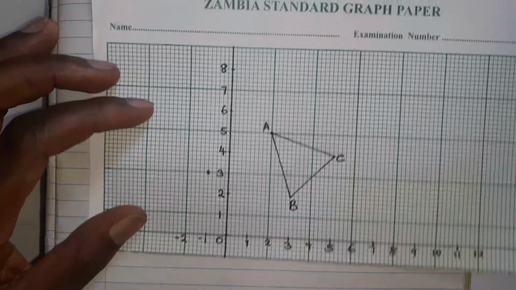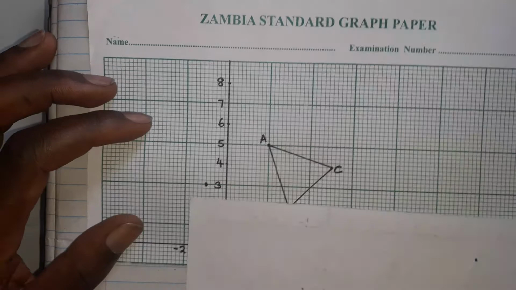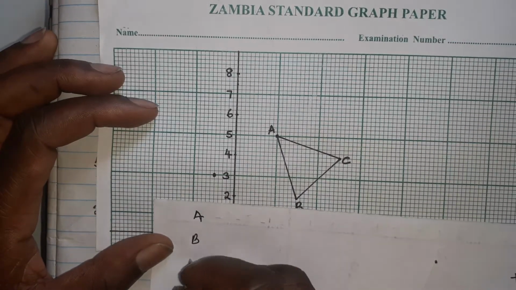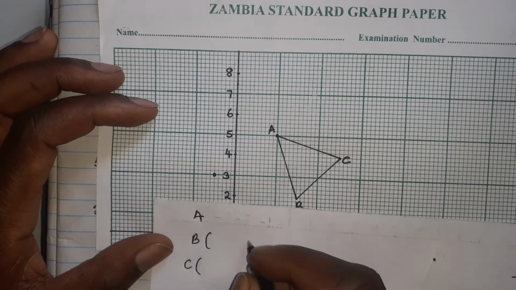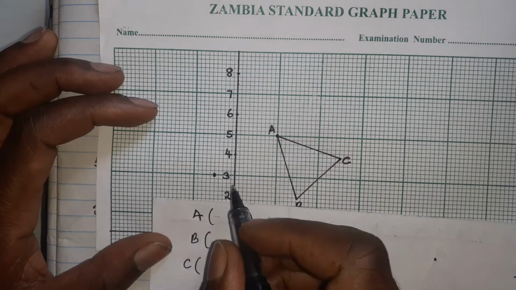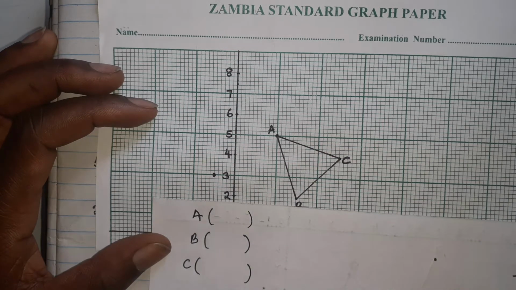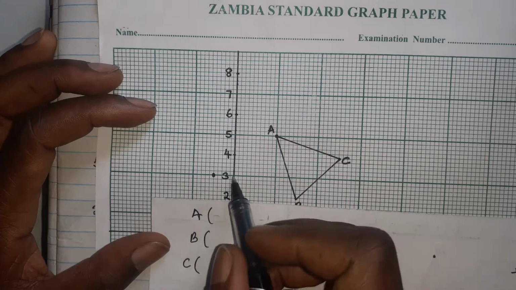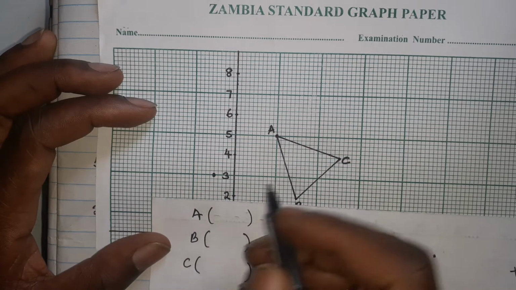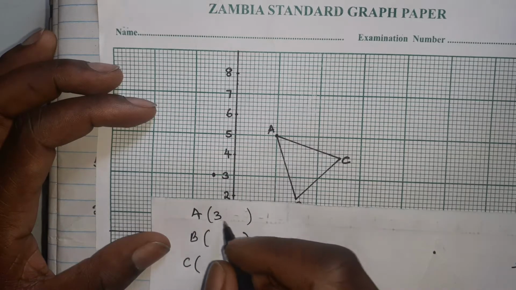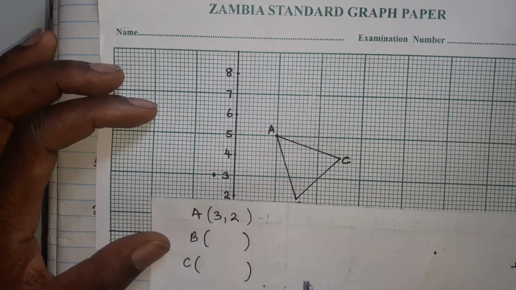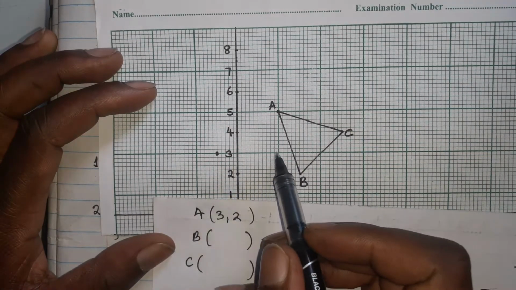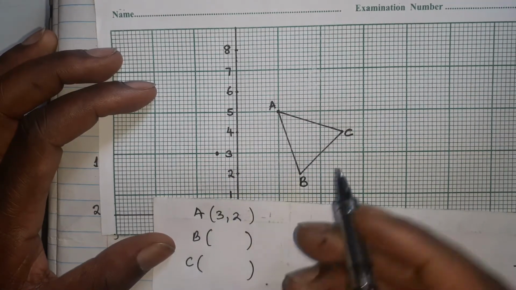So for A, we are going to have the new coordinates from this point. We're going to have 1, 2, 3. When we get here, then we go up how many steps? 2 steps. Then for B, we are moving from here: 1, 2, 3, 4, so it will be 4.